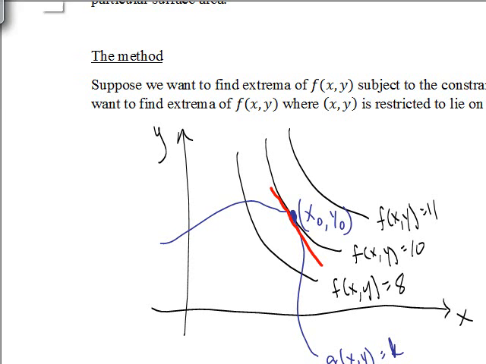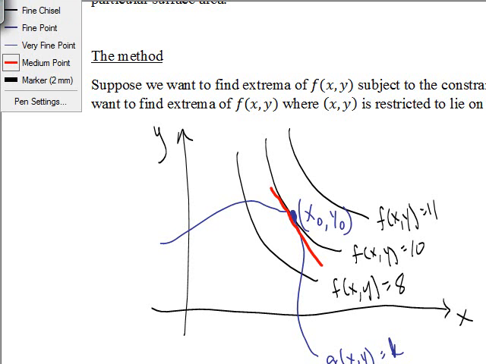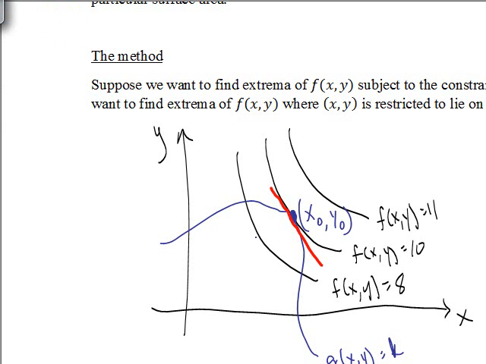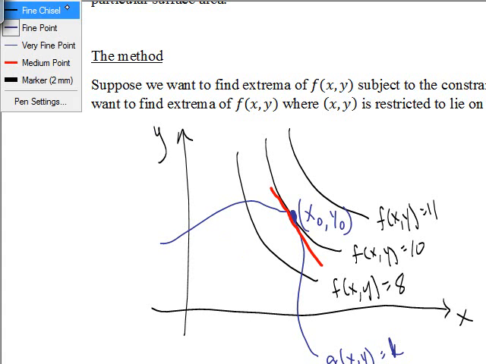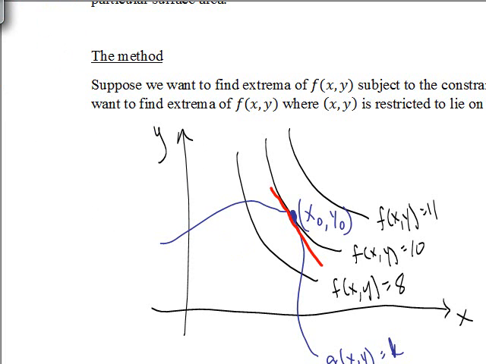Now, if there is a common tangent line, that means the gradient vectors are parallel. Remember the gradient vector is perpendicular to the level curves? The gradient vectors are parallel at that point.